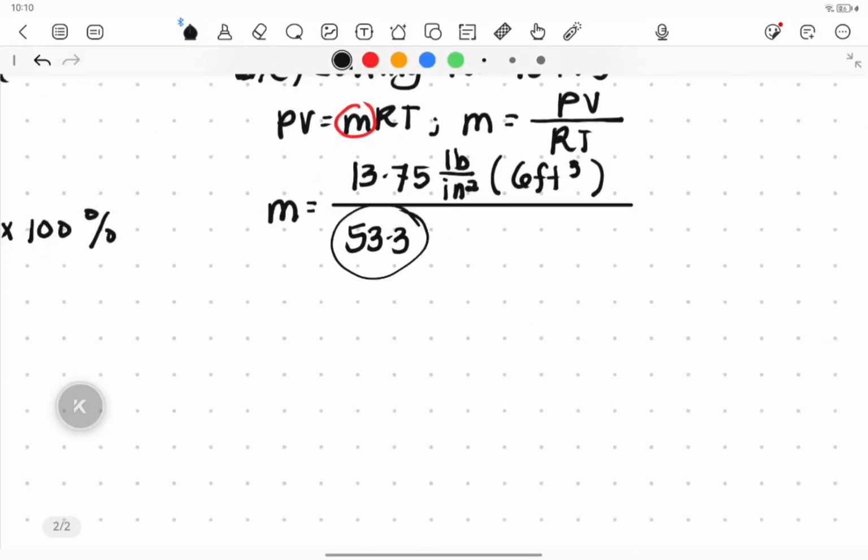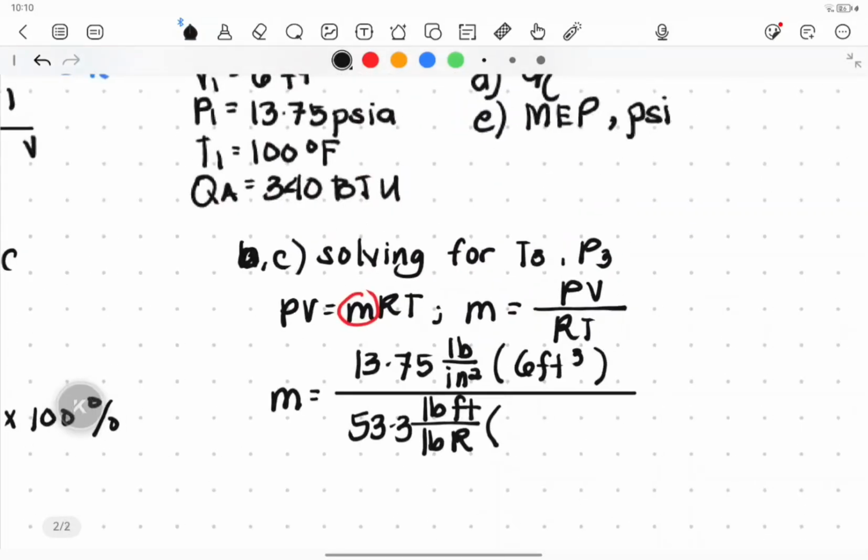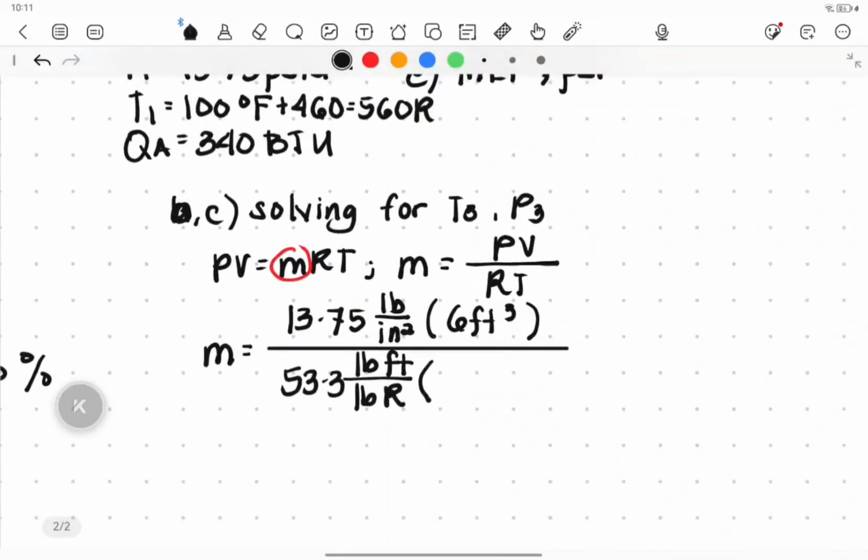So this is a varying value depending on the standard of your department, of your course instructors. The unit here is pound feet per pound Rankine. And our T, we have to convert this into Rankine, so we can basically add 460, and this is 560 Rankine.